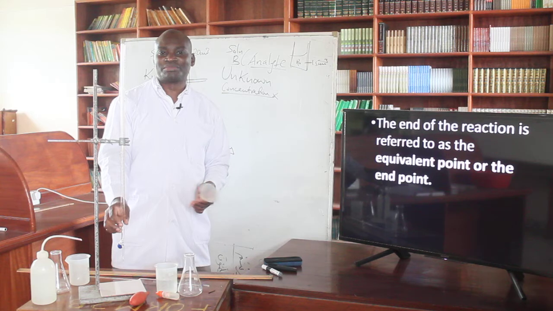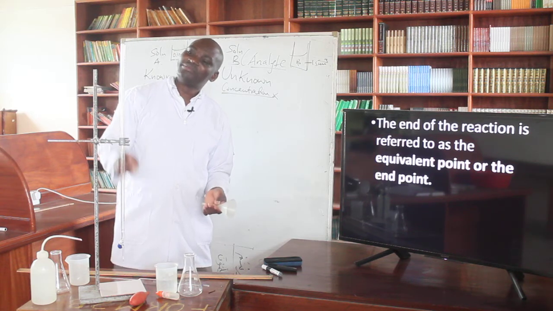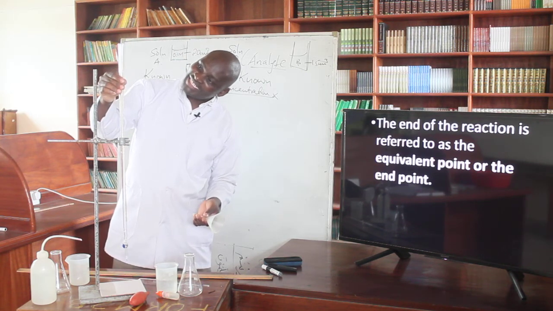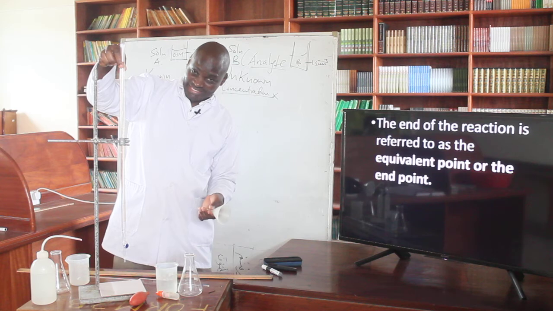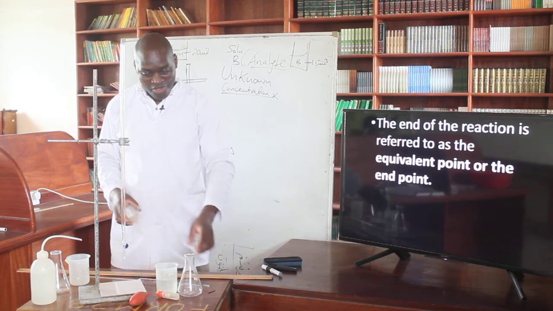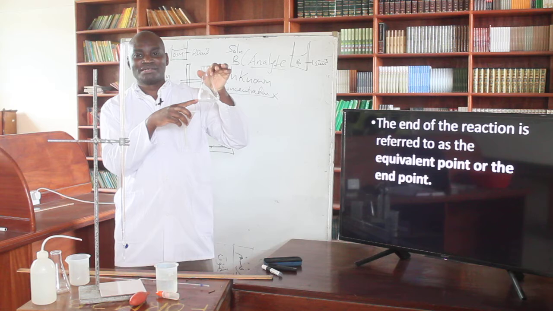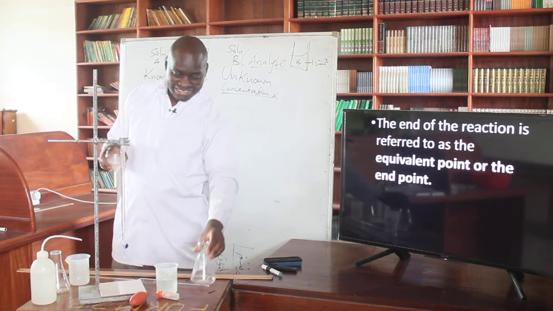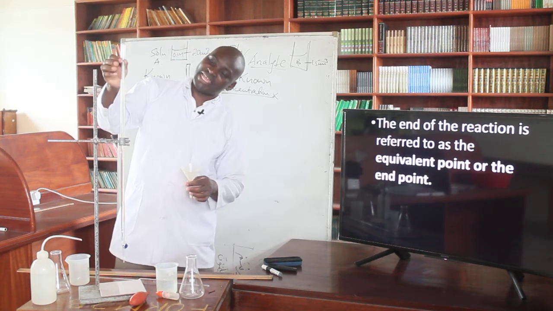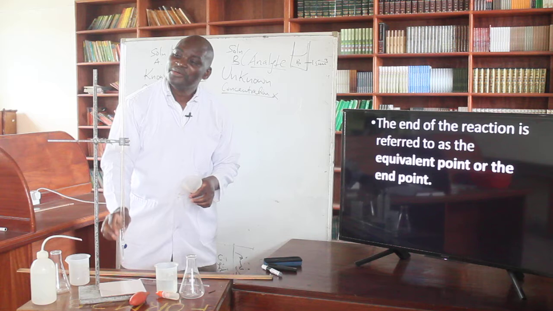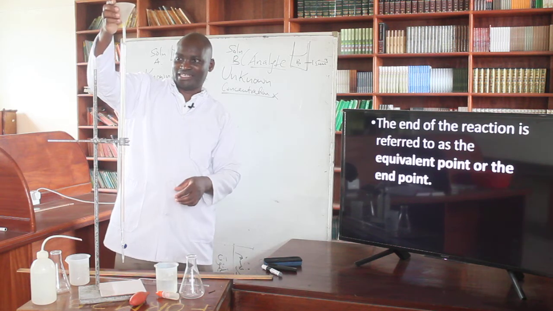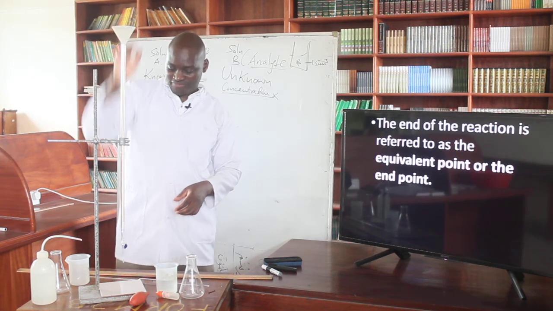Though we have some smaller burettes of 25, 30, ours is 50. Remember, for most apparatus, 0 starts down, but for this one, 0 begins up here, downward to 50. Meaning if I fill it, I fill it using the funnel.